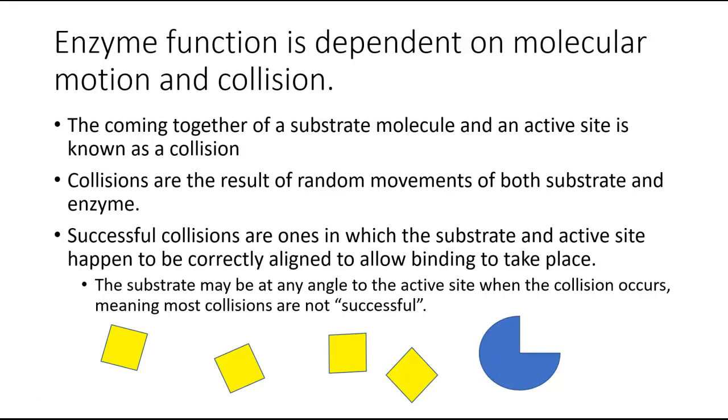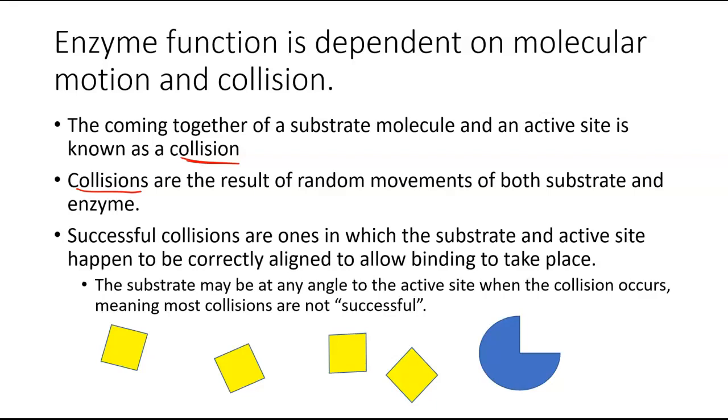And so they're going to constantly collide, right? The coming together of a substrate molecule and active site is known as a collision. And these collisions are, in large part, the result of the random movement of both of those individual items within a solution.